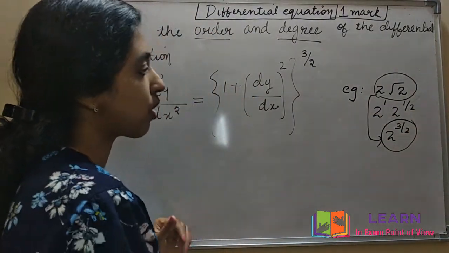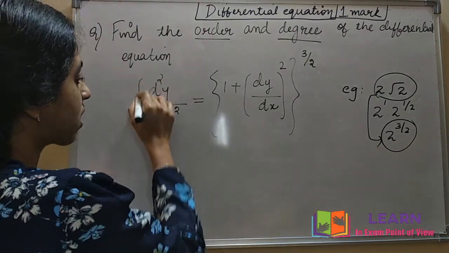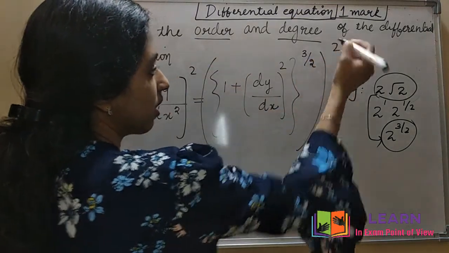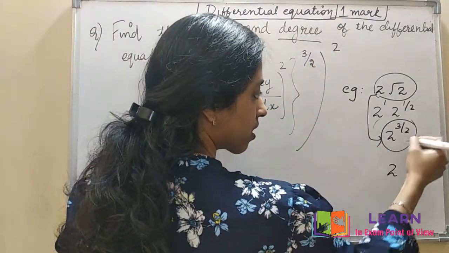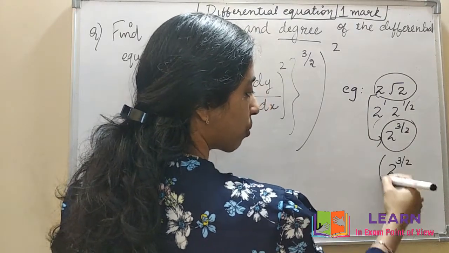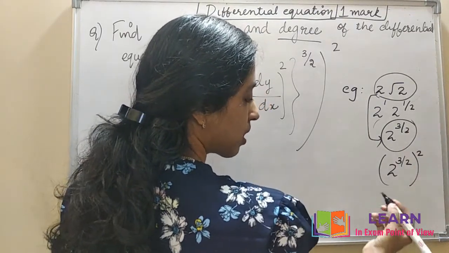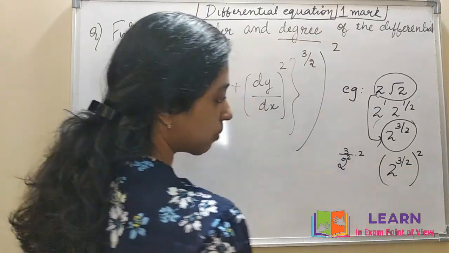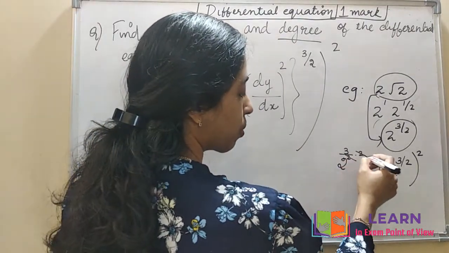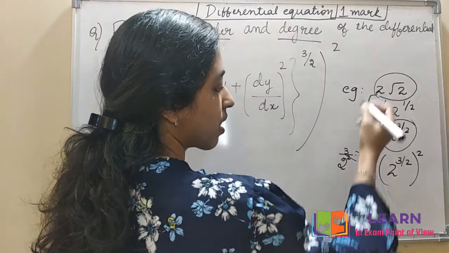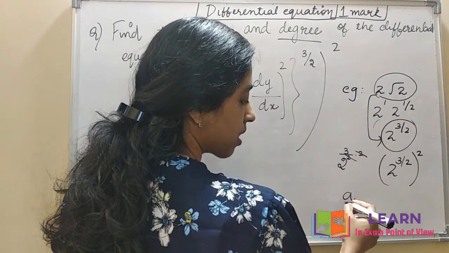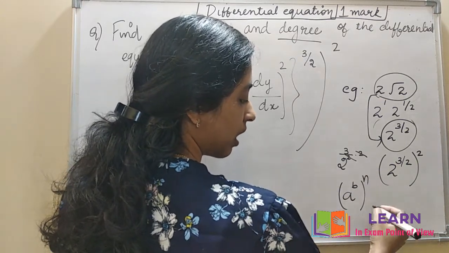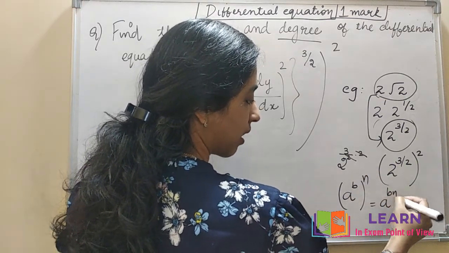So one way of solving this is to square both sides. If you square this term, 2 raised to 3 by 2 the whole square, that means 2 raised to 3 by 2 into 2 will come, right? That is, the 2 will get cancelled. That is the power rule: a raised to b whole raised to n gives a raised to bn, right?